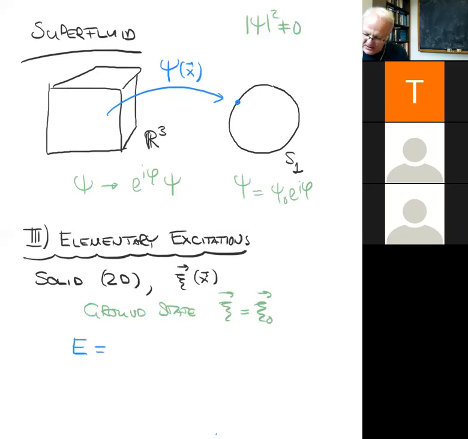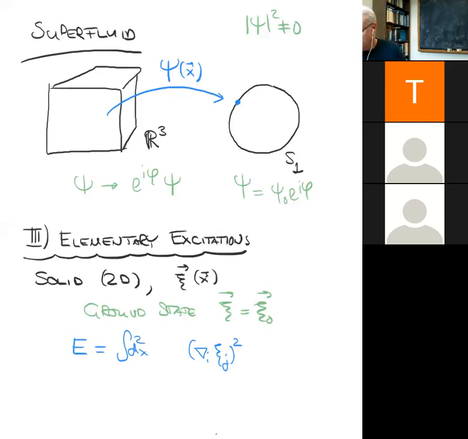And since the microscopic Hamiltonian was perfectly rotationally invariant, this energy should also be rotationally invariant. These are just vectors, but really it can only depend on absolute magnitudes, because otherwise there would be a preferred direction in the system, but there shouldn't be.